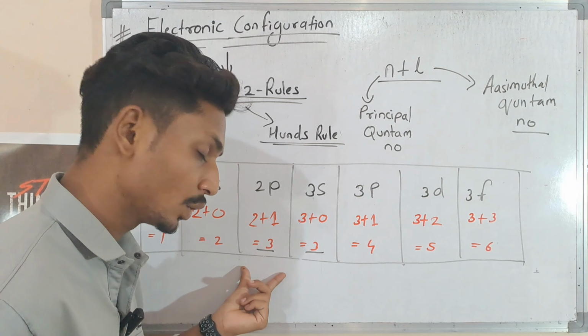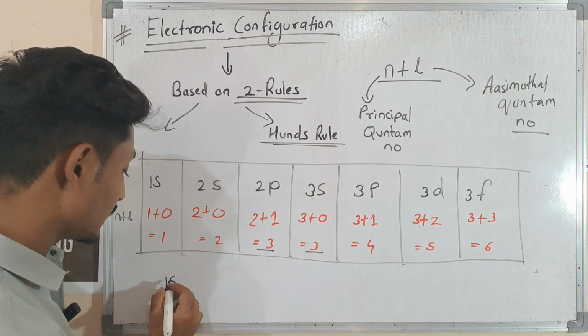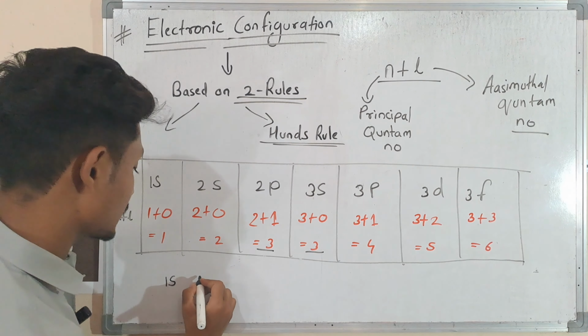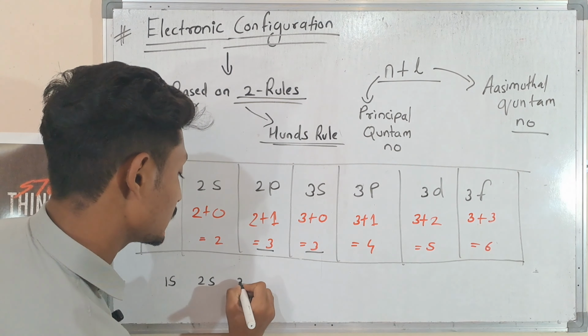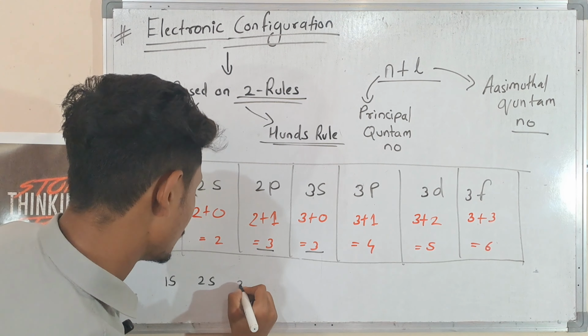Now we arrange in increasing order of energy: first is 1s, second is 2s, third is 2p.